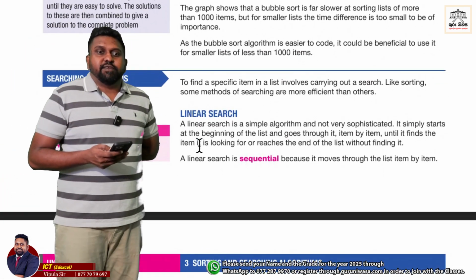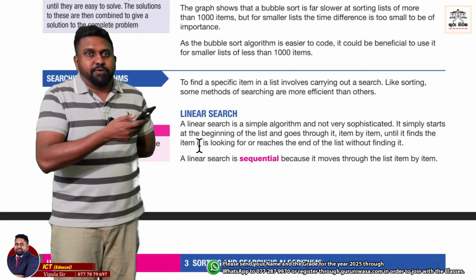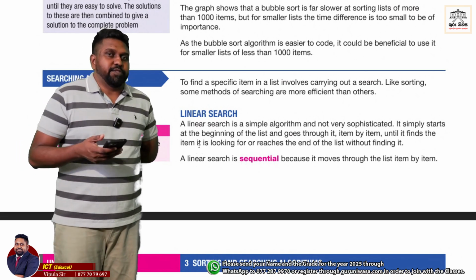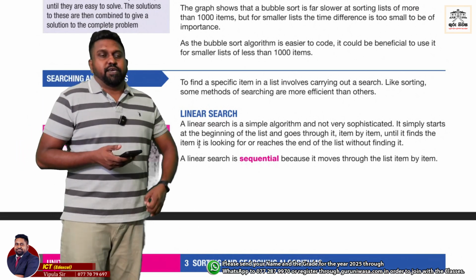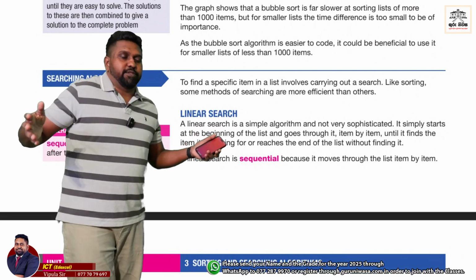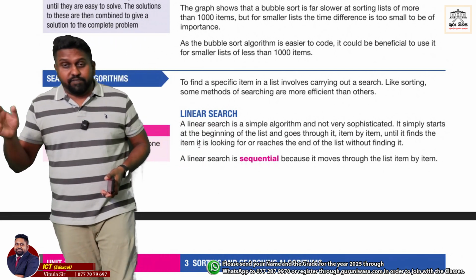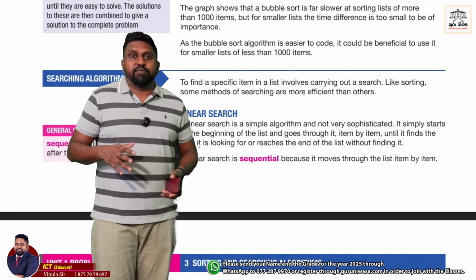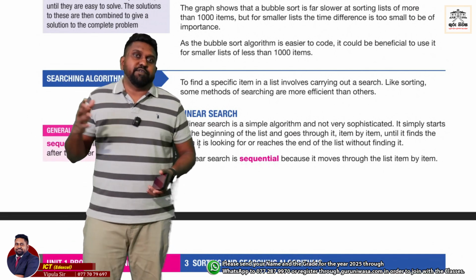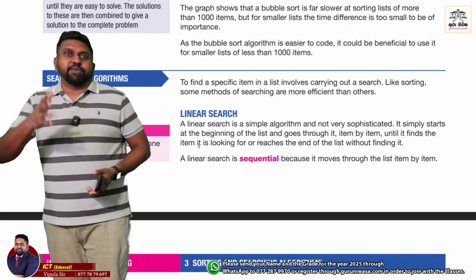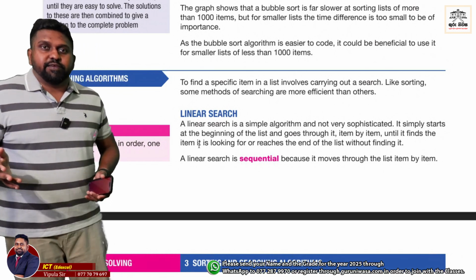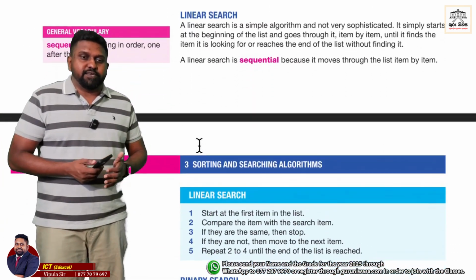In the linear search method, let's say you have a list of 100 values, from 1 to 100, and you want to search where 59 or 49 is. Linear search is quite straightforward.